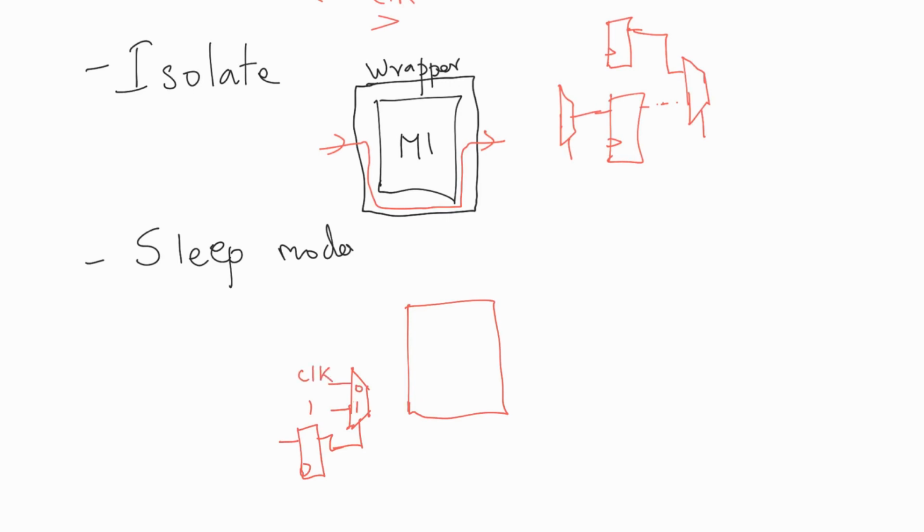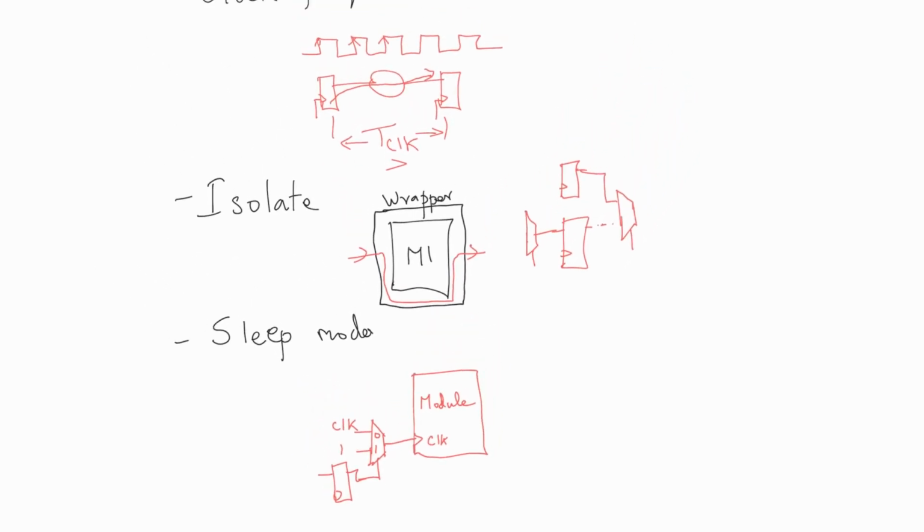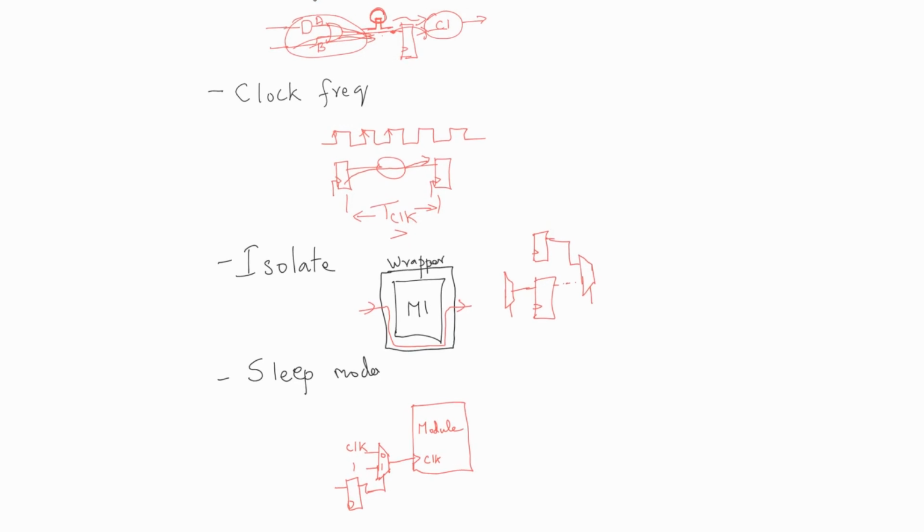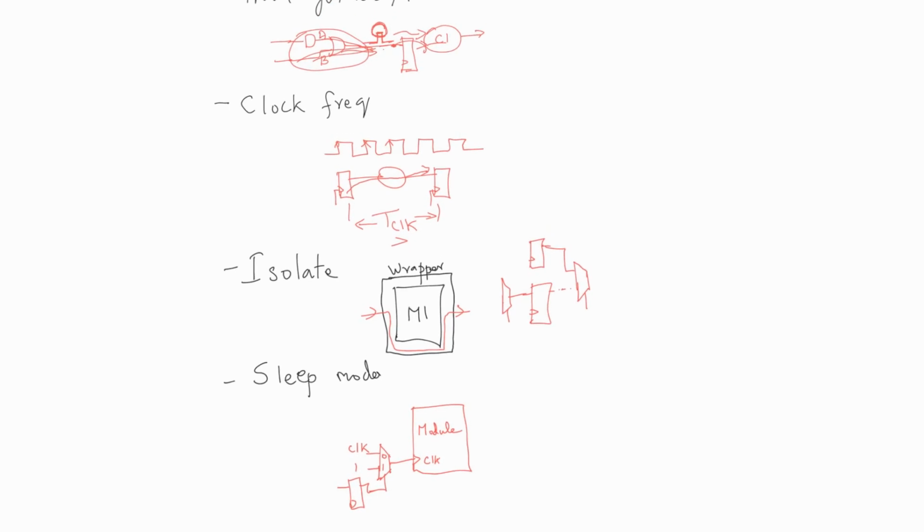So based on your flip-flop, you can decide whether to feed clock into this module or block or not. These are some of the common purposes of flip-flops. In many places you can also use latches, but with latches you'll have to be careful. Next we will discuss flip-flops and latches.